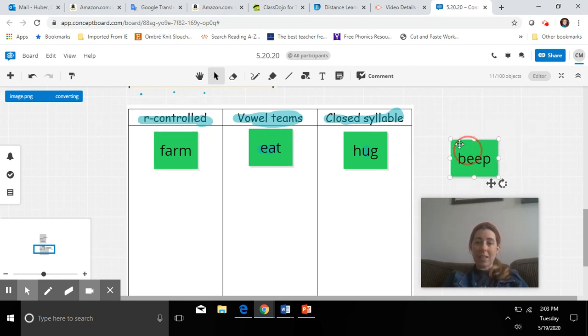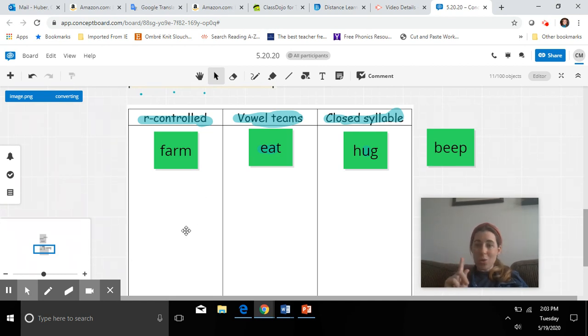Let's do this last one. Cannot go here in R-controlled because there's no letter R. Does it have a vowel team? Two vowels together? E, E. Is that two vowels together? Yes. So I'm going to move it here.